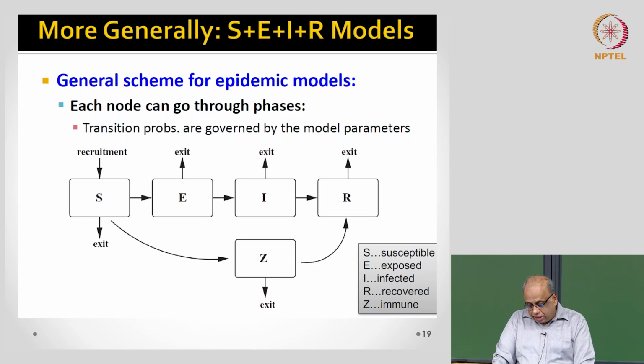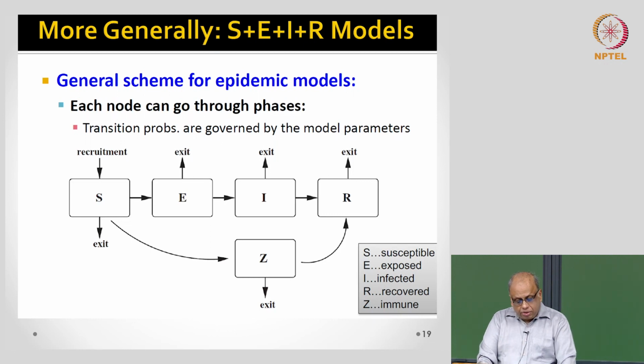And then there is a recovered state and there is an immune state. This is something like having a vaccine, right? If you have a vaccine, you can move up to the immune state. So that is another state. And in each state, you have things like exit.